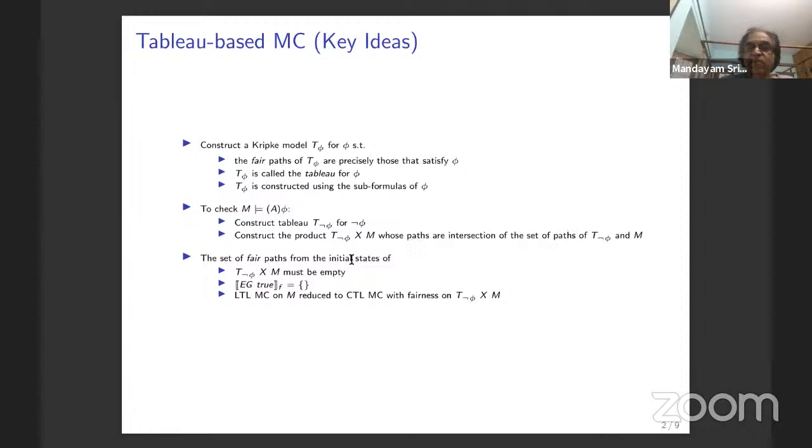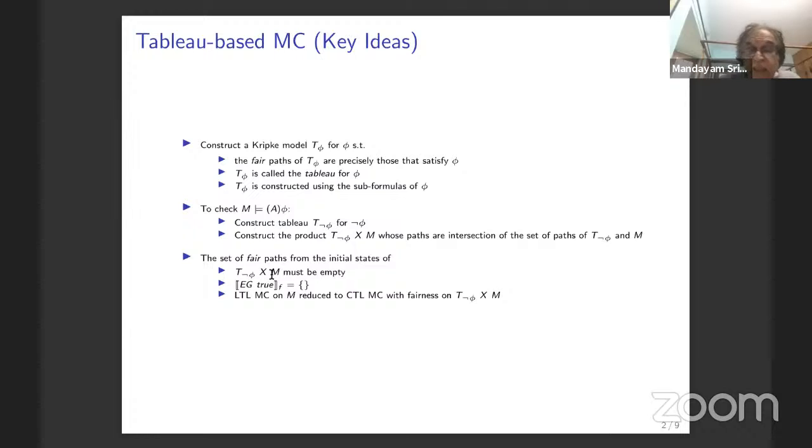So in other words, informally, the paths of this product transition system, if it is not empty, will contain those paths that violate phi, okay? And that's what you actually check. And this has to be done for the fair paths in T naught phi, and they have to be empty, okay?